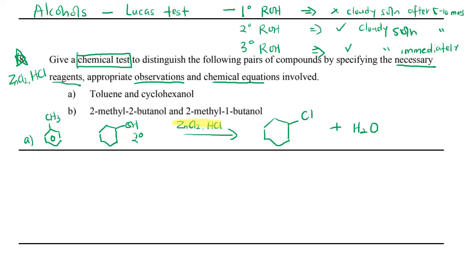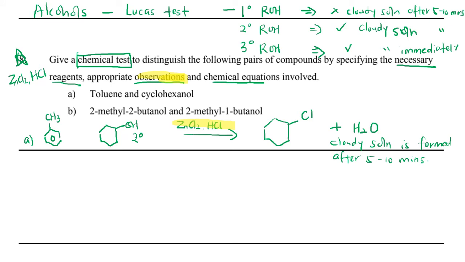This is the reagent, and then we have the equation, and then next we need the observation. The observation in this case is a cloudy solution is formed after 5 to 10 minutes.